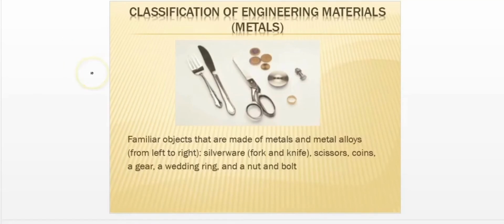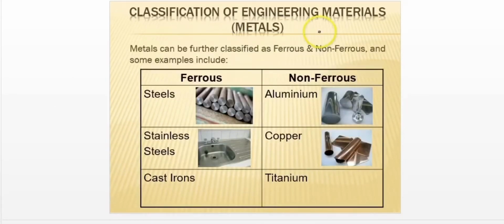Alright, first we go straight into the classification of engineering materials, which is for the metals. Family objects that are made of metal and metal alloys. If you see from left to right, we have silverware, fork and knife, scissors, coin, a gear, a wedding ring, and then the last one, a nut and bolt. There are so many other things that are made from metals.